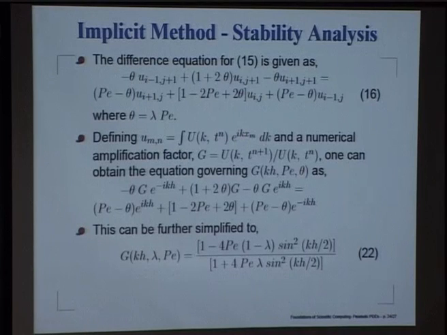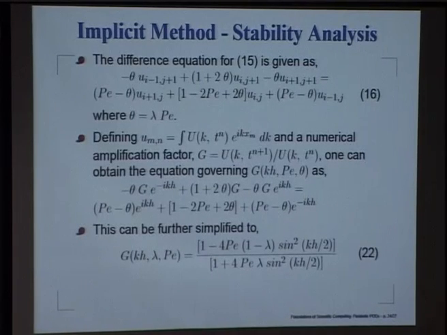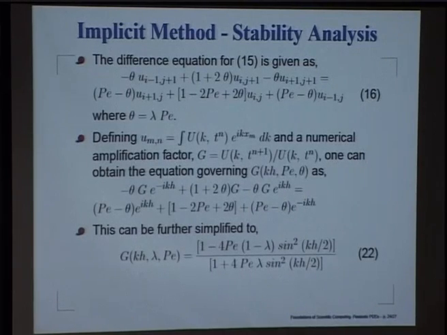Why would we take the trouble of going from an explicit method to an implicit method? Let us try to find out what we gain, and the best thing for us to find out is the stability property, because we recall that apart from accuracy, we will also have to ensure numerical stability.